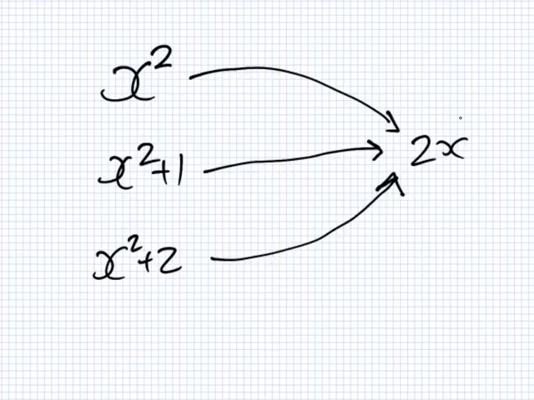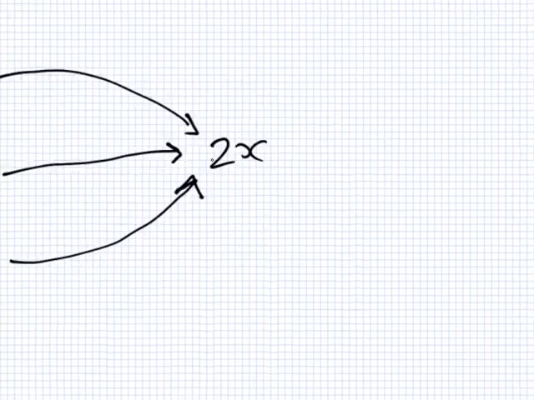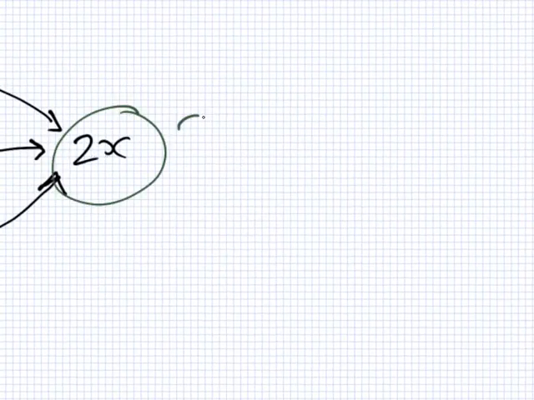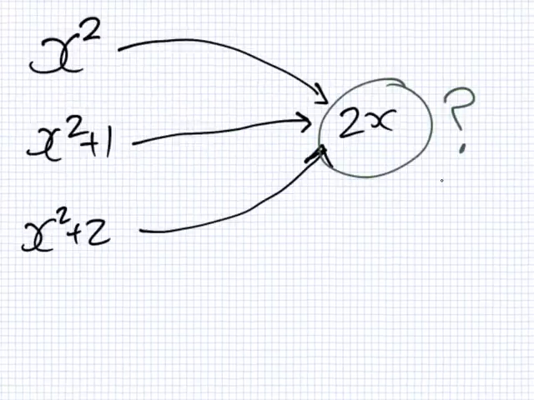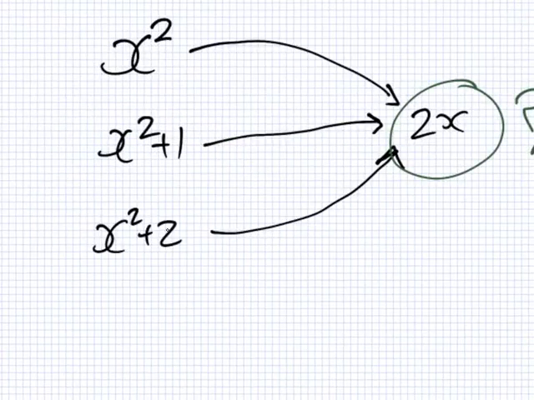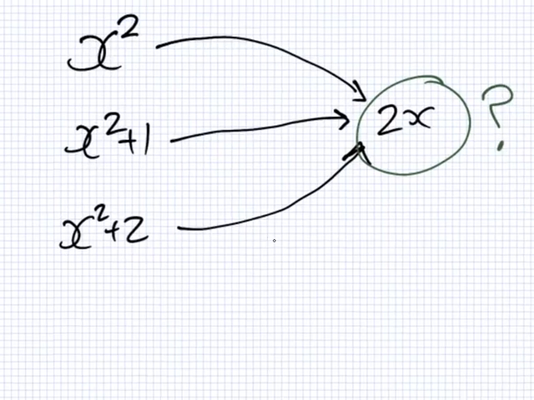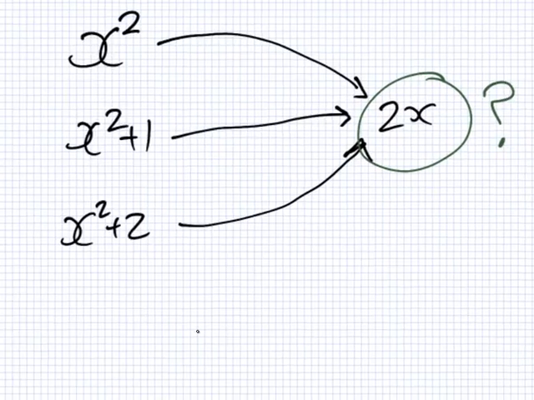So if I'm starting with 2x and I ask you what's the antiderivative, you don't know which one to go back to. You don't know if it was this one, or this one, or indeed many more. So actually what we say is that the antiderivative is x squared plus c.